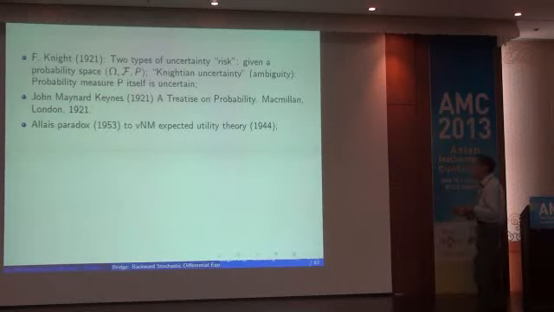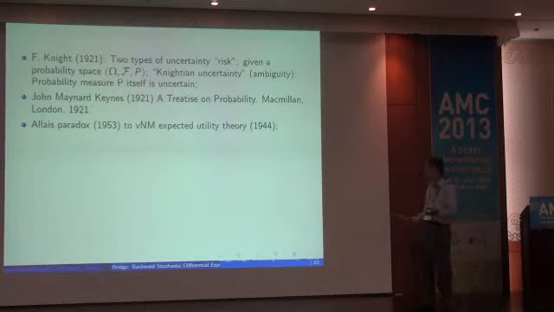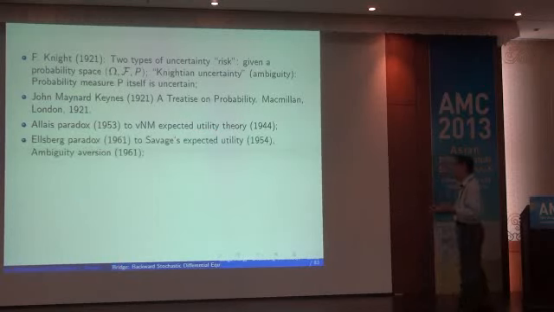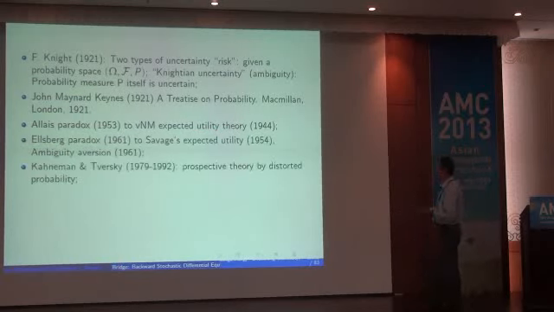And the famous Ellsberg paradox tells us that the well-known von Neumann-Morgenstern expected utility theory, which uses expectation, cannot work. And there are many other people.